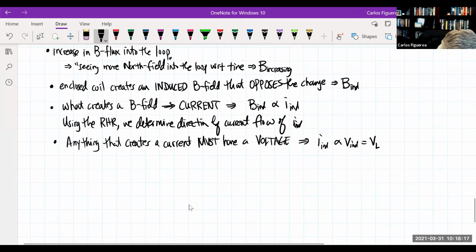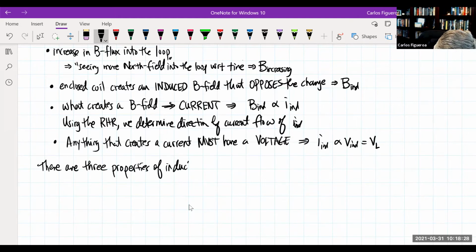I then want to say that there are three properties of inductors that we'll summarize. The first thing is that I think I should probably start out with Ohm's law for inductors. I think it's going to make more sense. So I want to look at Ohm's law for inductors.